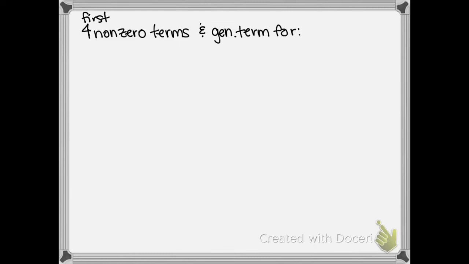So go ahead for me real quick and write down the first four non-zero terms and the general term for sine of x to the 4th, and then also 7 e to the x. Okay, so go ahead and pause the video and write those out, please.